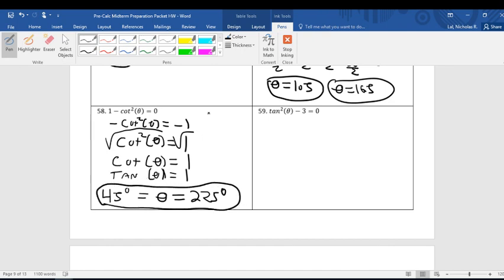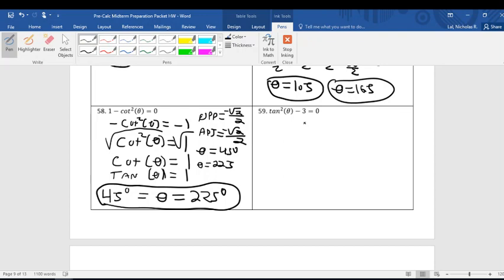Remember, it's when your opposite side is root 2 over 2, and your adjacent side is root 2 over 2. And that is when theta equals 45 degrees, or when theta equals 225 degrees. These would become negative. Alright?